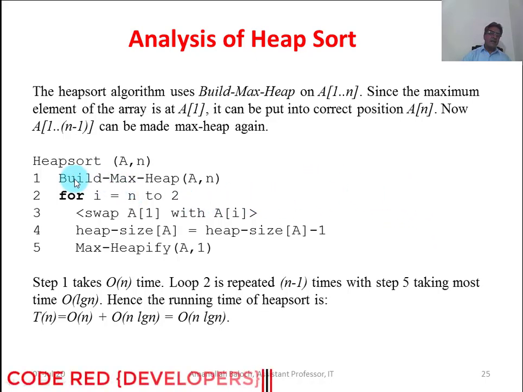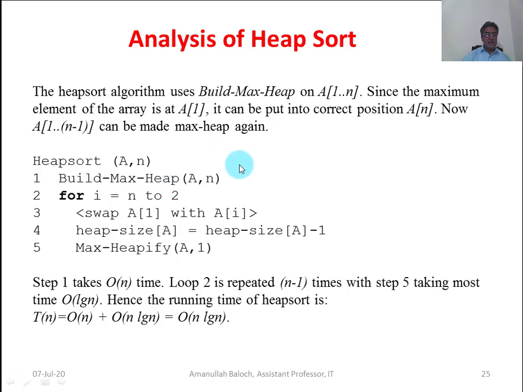And this is why build max heap will change the elements of the array into the heap and will execute n times, because there are n elements in the array and now they have become the n elements of the heap.